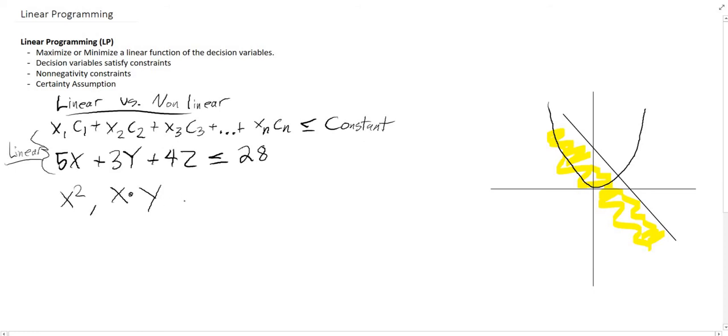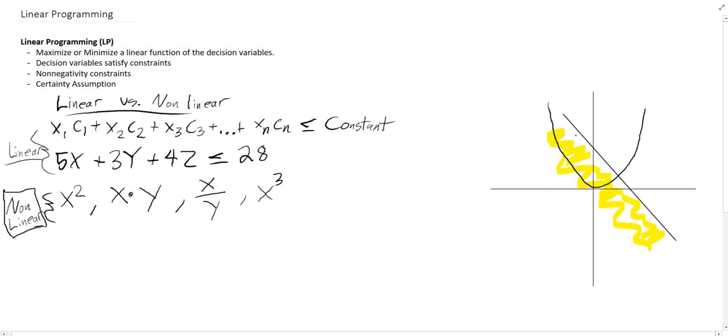We could have even x divided by y, x cubed, any number of things where the decision variable is multiplied by itself and it's not multiplied by a constant. These would be non-linear. And of course, you cannot create a linear program using non-linear decision variables.